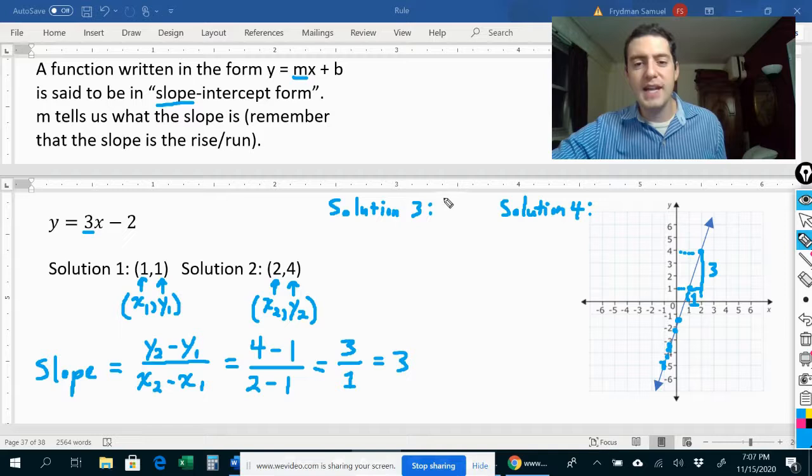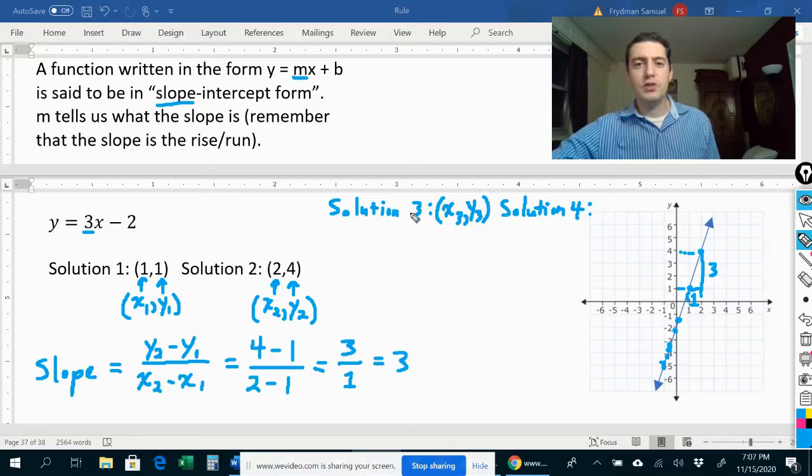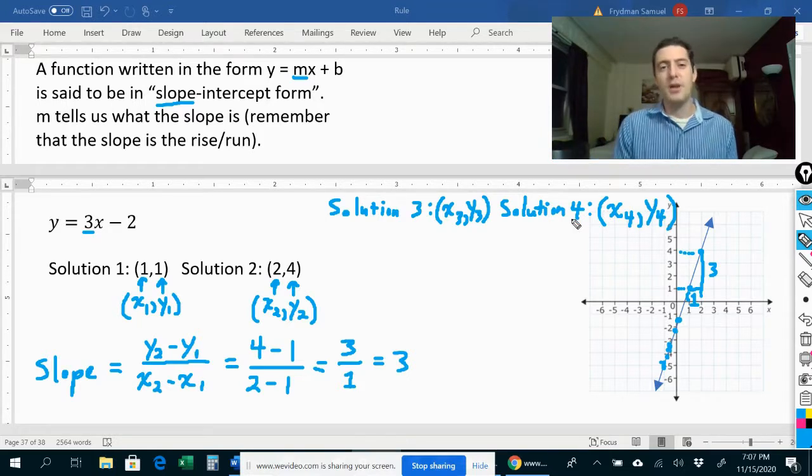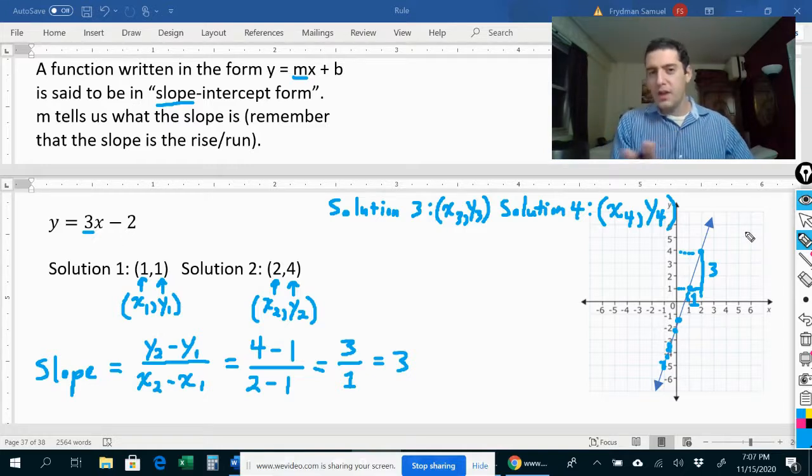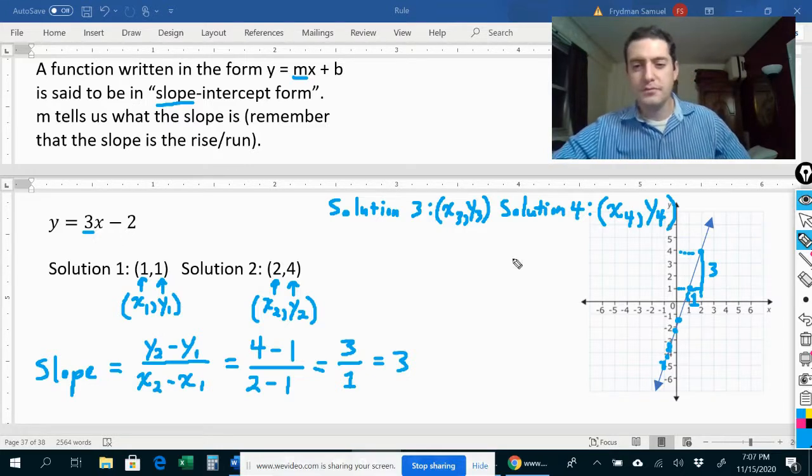I'm just going to name them x3, y3, which means the x value for solution 3 and the y value for solution 3, even though I'm not going to tell you what they are. And here I'm just going to write x4, y4, which is the x value for solution 4 and the y value for solution 4. But I'm not going to tell you what the actual numbers are. And now, what we need to do is show, this is going to be our goal.